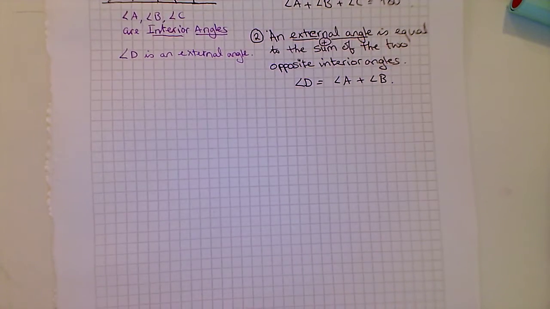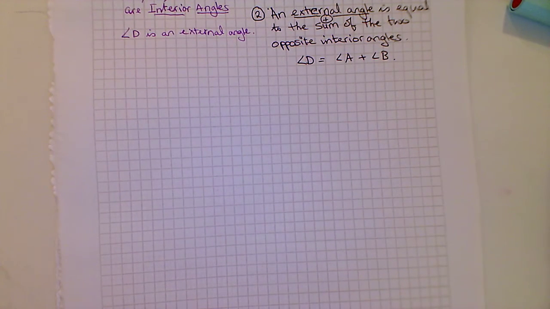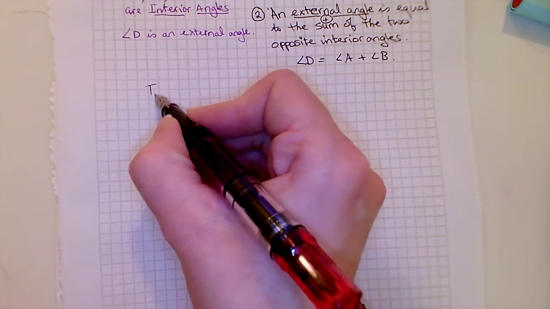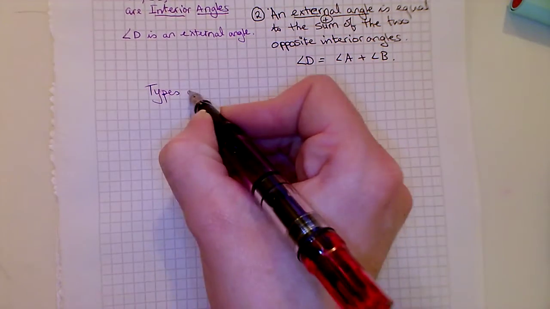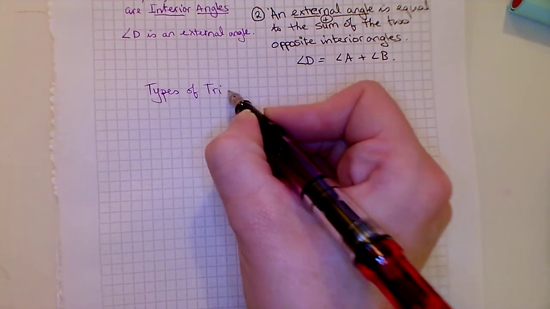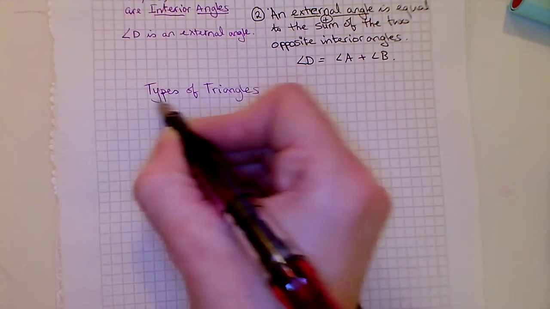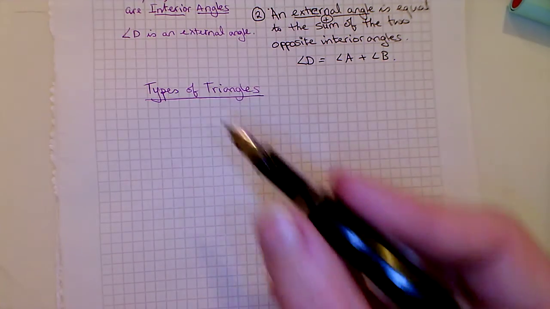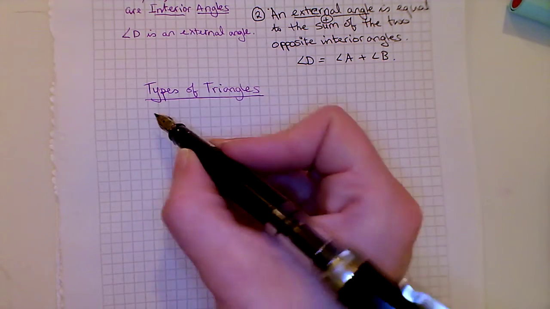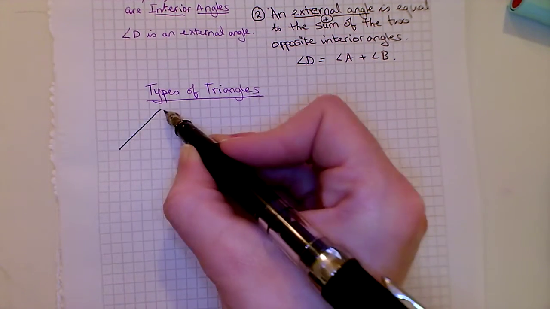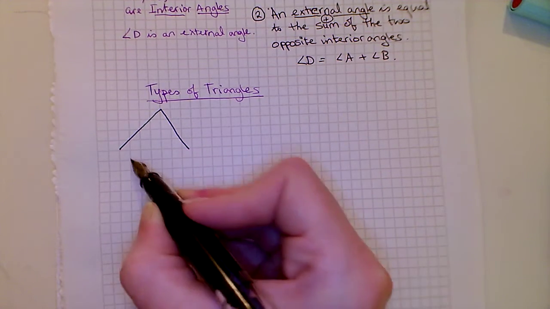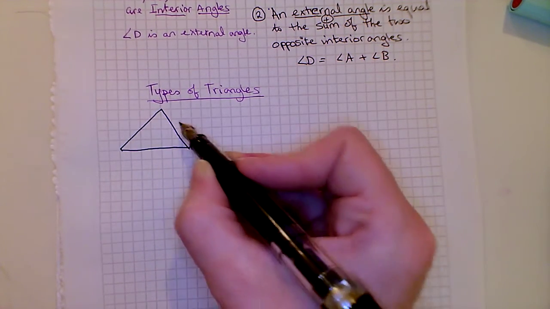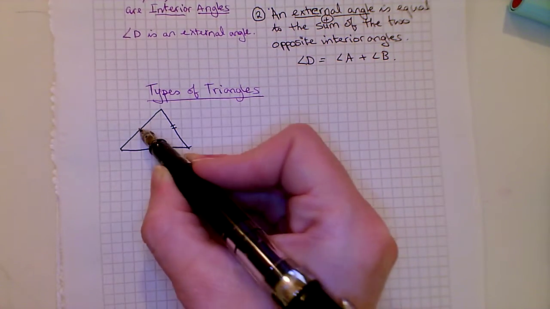Now, let's just name the types of triangles that we could have. And the different types of triangles we could have are a triangle where all three sides are equal. Now, I'm saying that they're equal in my picture, but it's not a great picture.